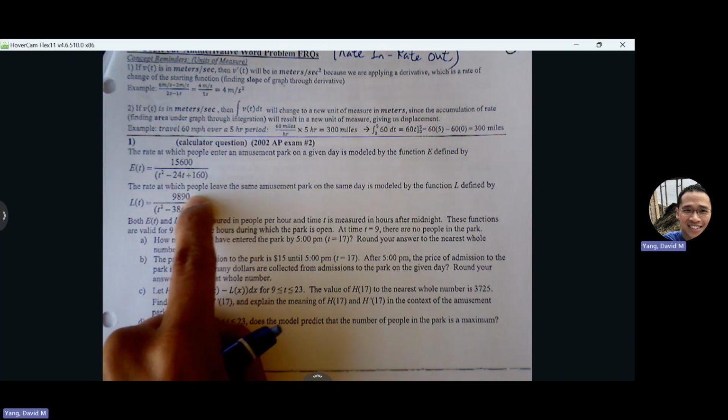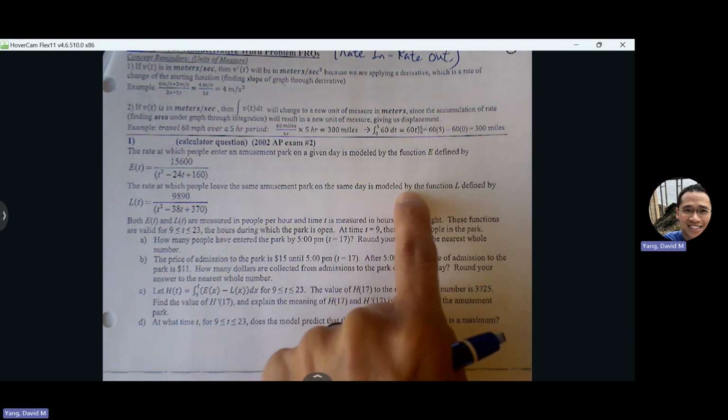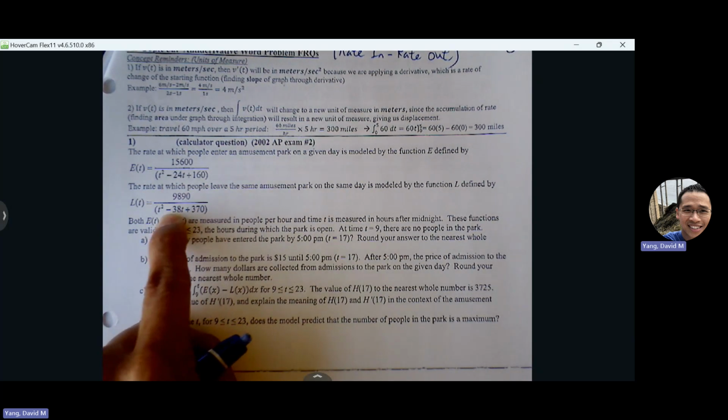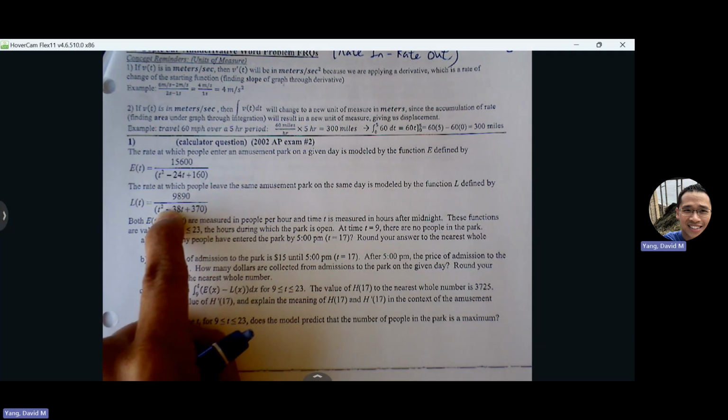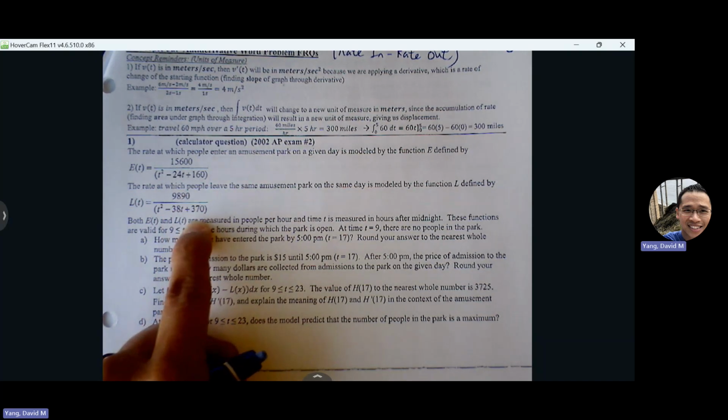And then the rate at which people are leaving the amusement park is modeled by this L of t. We can imagine at the beginning of the day, not many people are leaving the park, right? It's probably a low number of people who are leaving. But then by 5 p.m., 6 p.m., we can imagine that rate is going to be increasing, right? Most people are getting ready to go home and leaving the park.